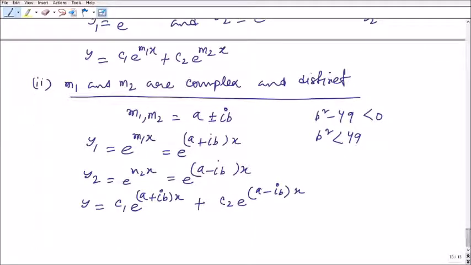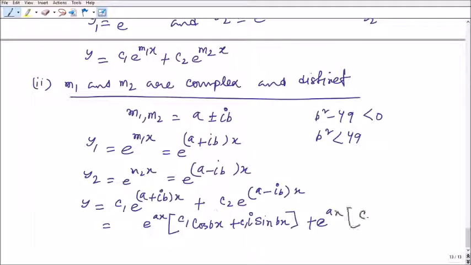We can write this by taking e to the power ax common: c1 times e to the power ibx, that means cos bx plus i sine bx, and plus c2 times cos of bx minus i sine of bx.